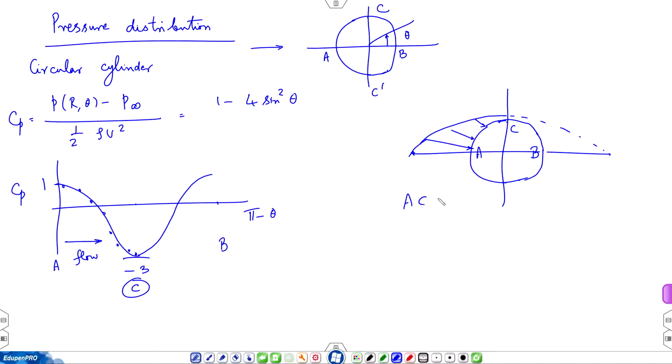So, this AC is a region of favorable pressure gradient, and CB, where pressure increases in the direction of flow, from minus 3 to 1, is called the region of adverse pressure gradient.